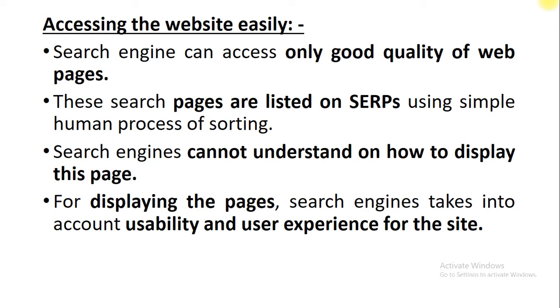The search engine cannot understand how to display this kind of pages, because when you fire some keyword on the search box, there are a number of pages available for a particular keyword. So now it becomes difficult for the search engine to decide in what order to arrange the pages, or to show the links in front of the user.